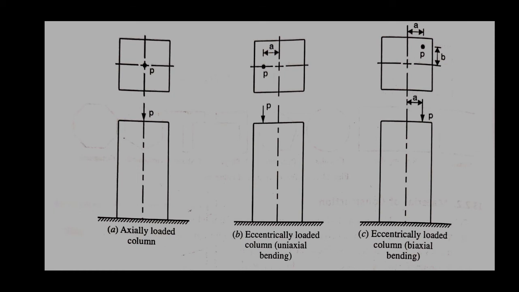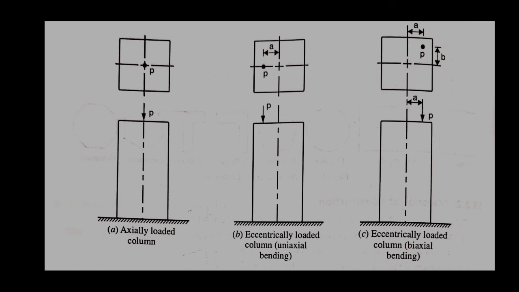Eccentrically loaded column may be subjected to uniaxial bending, as you can see in figure B, or biaxial bending, as you can see in figure C, depending upon the line of action of the load. As in figure B, you can see load is acting not on centroid but on an axis.